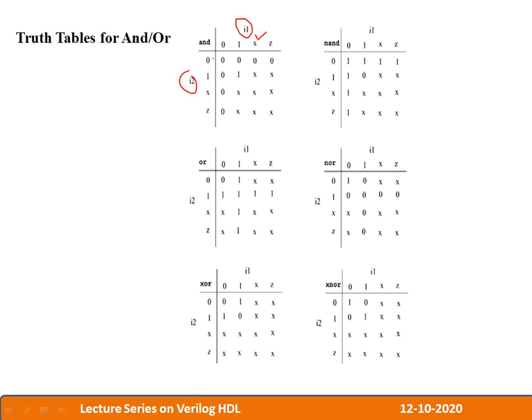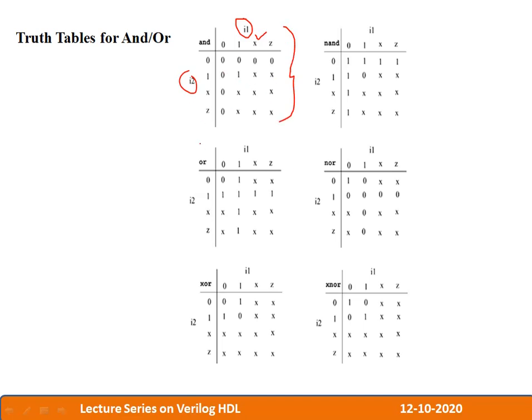Like for example 0 0, it will be 0, the simple AND gate truth table. 0 1, 0; 0 x, it will be 0; 0 z, 0, because anything you AND with 0, the outcome will be 0, and anything you AND with 1, the outcome will be that number or the other number, provided the other number is not 0. For example 1 0, it will be 0; 1 1, it will be 1; 1 x, it will take the value of x; 1 z also it will take the value of x. So similarly, I have different values being written for the AND gate.